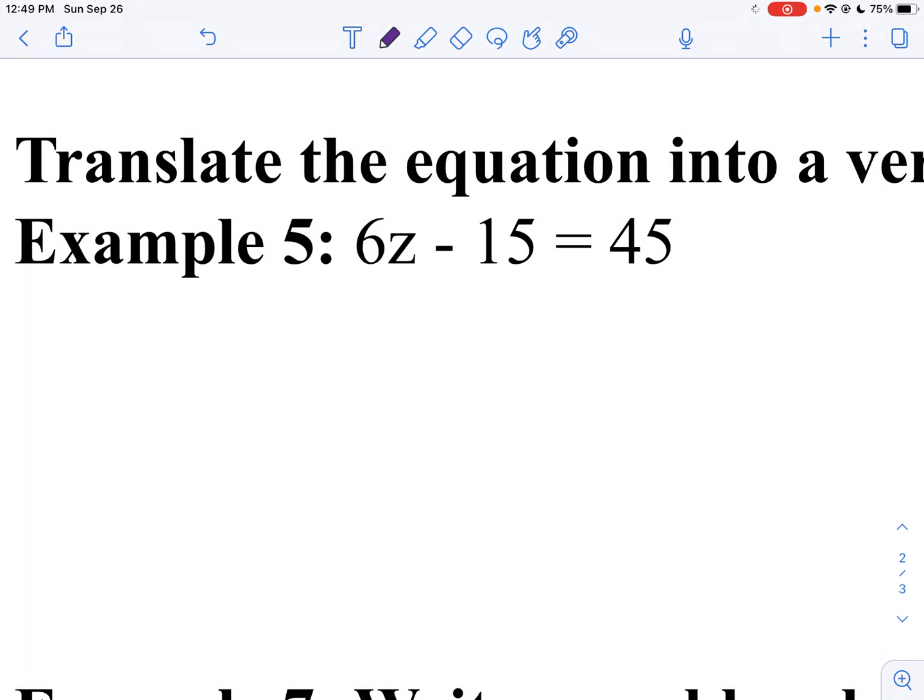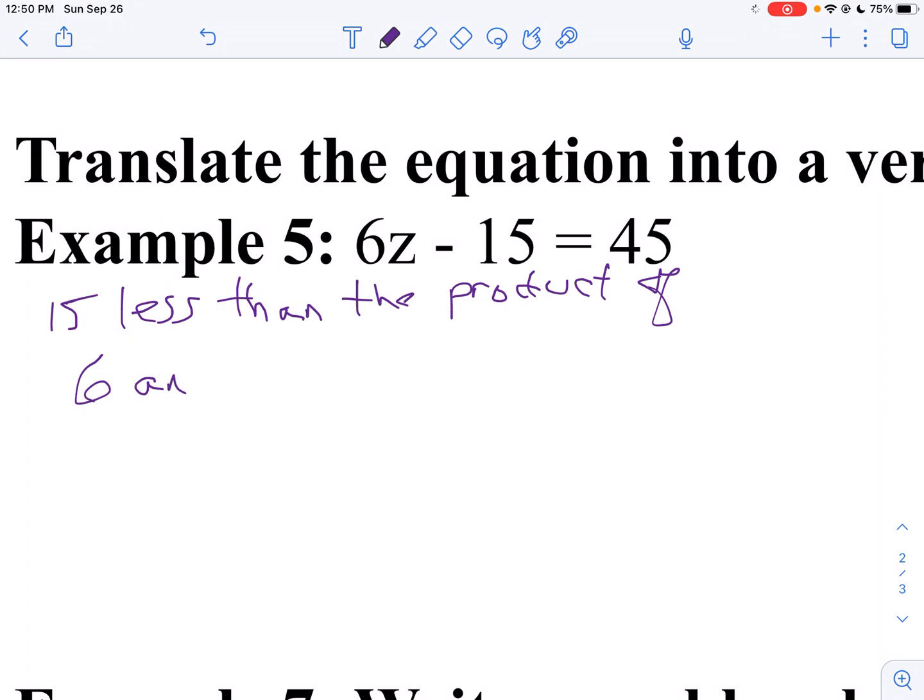So I'm going to say 15 less, because I'm writing the 15 first, so I'm going to use that turnaround word, less than, 6 times Z. So I'm going to say less than the product of 6 and Z, or 6 and a number, you can say, is 45. Is is a good word for equals.